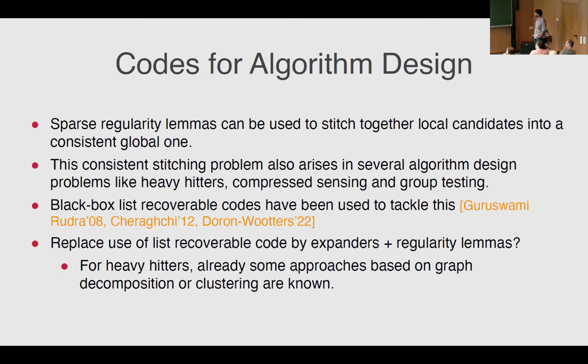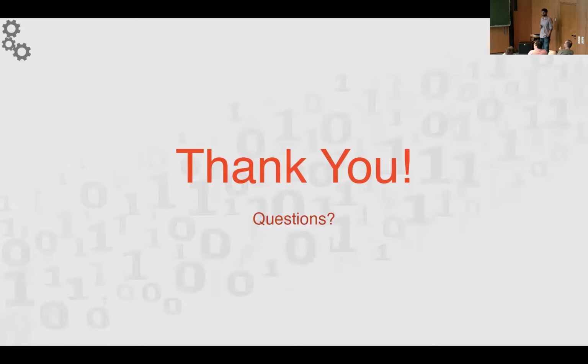There are already some approaches that are based on graph decomposition, clustering, etc., which are close to these regularity lemmas. These are two ways of doing this. Maybe it's not a coincidence. Thank you. And maybe we can have some questions by the next speaker.